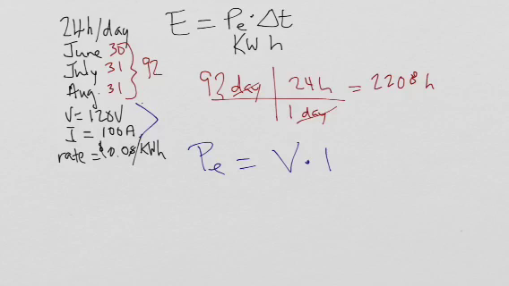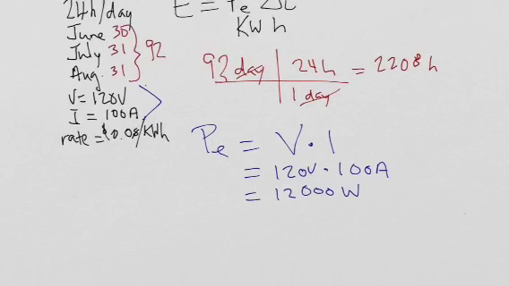So I've got 120 volts multiplied by 100 amps, which should give me 12,000 watts.